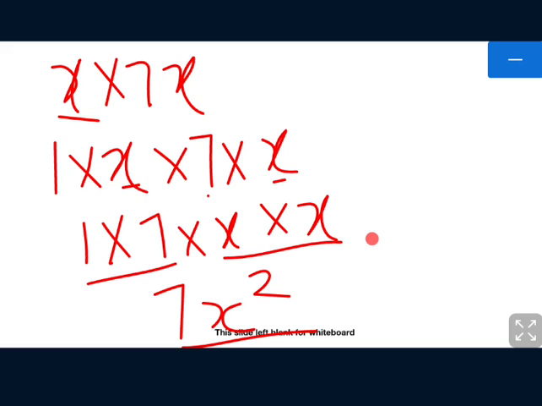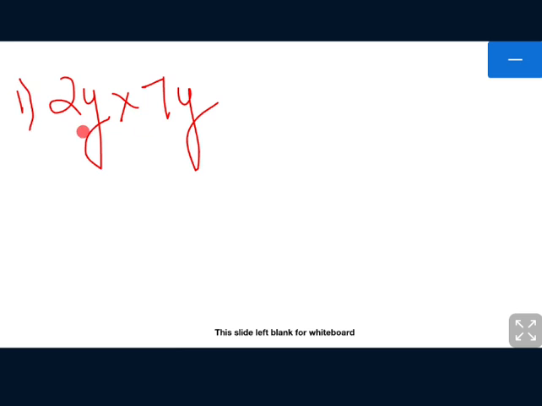Okay, now solve this question. I'm just writing it here. Multiply this. 14y squared.